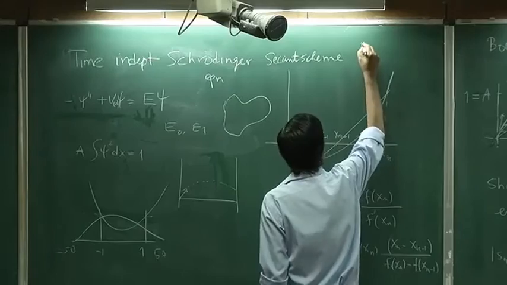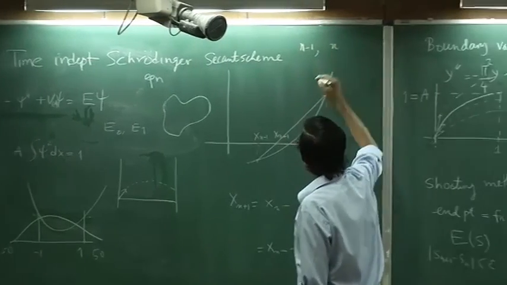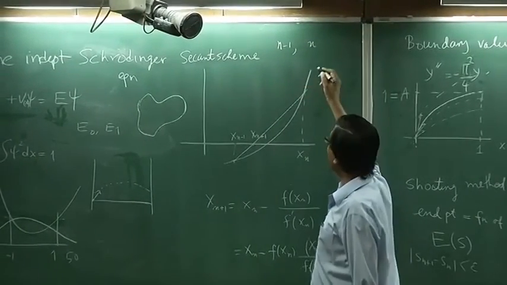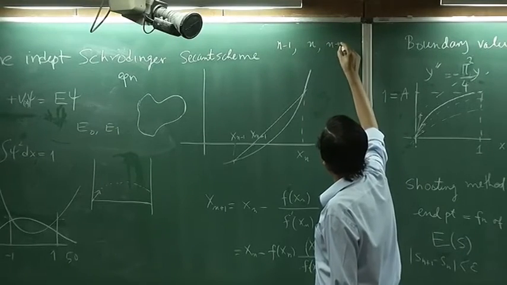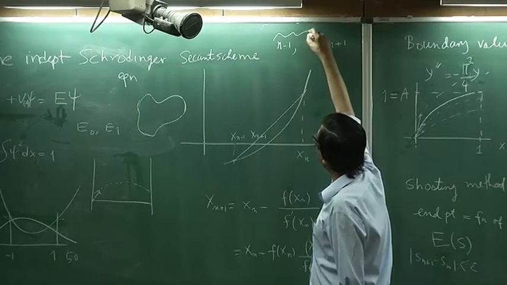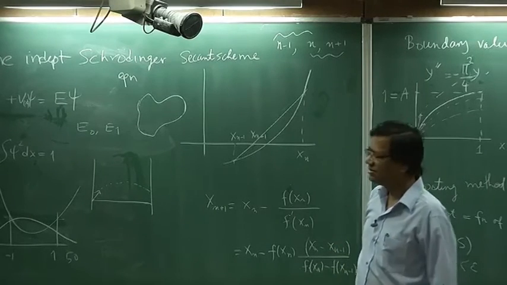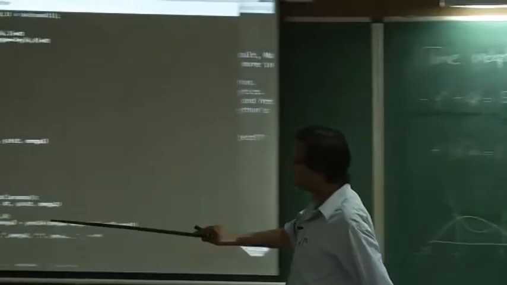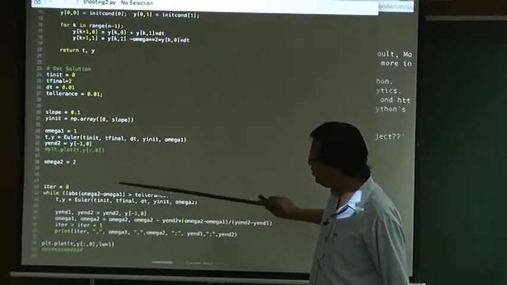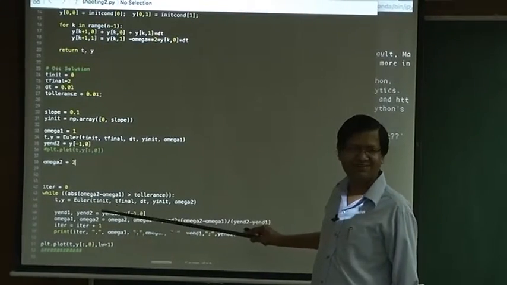So I have n minus 1 and n. When I iterate this, I go to n plus 1. I was using these two values, but now I have to choose these two values, correct. So my n1 and n2 are replaced by n2 and the new end.